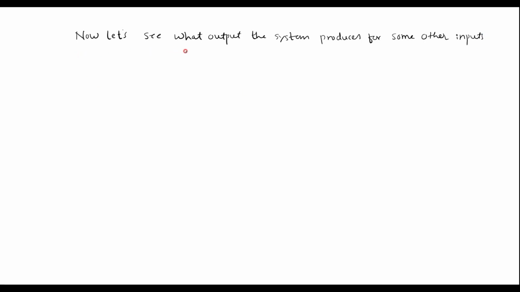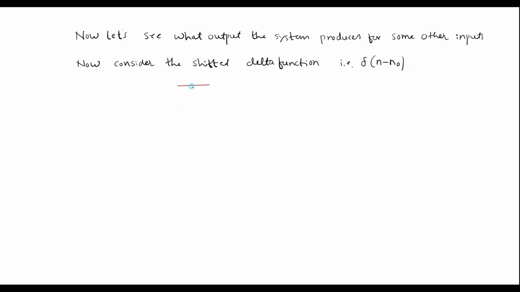Now let's see what output the system produces for some other inputs. Now consider the shifted delta function, that is delta of n minus n naught.